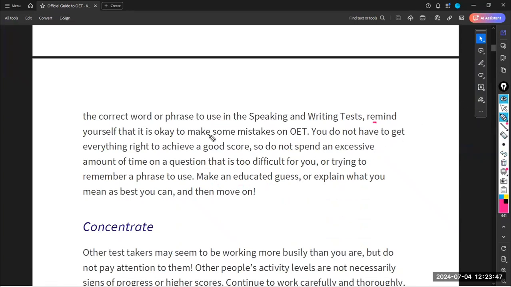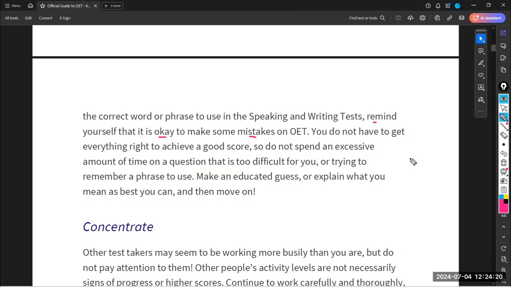Remind yourself that it is okay to make some mistakes. You are not a professional, and at the end of the road, Joel, we are not native speakers. Even native speakers do make some mistakes. If you watch some YouTube videos about students living in the USA or the UK, although English is their first language, they still commit some mistakes.